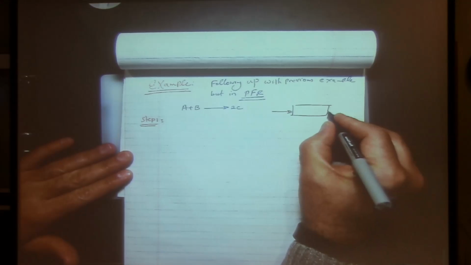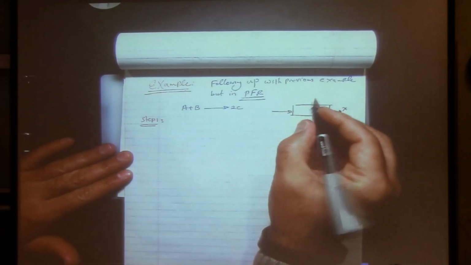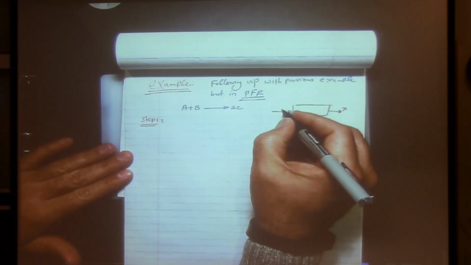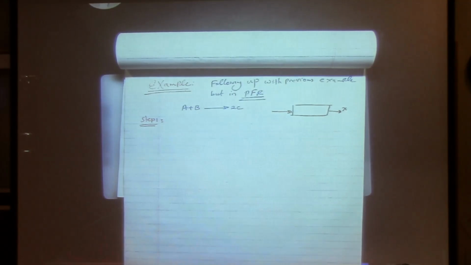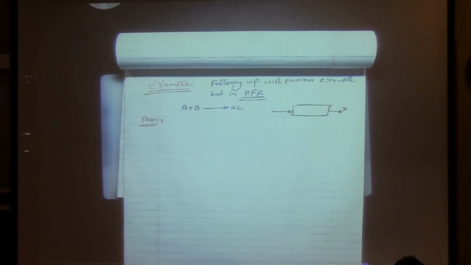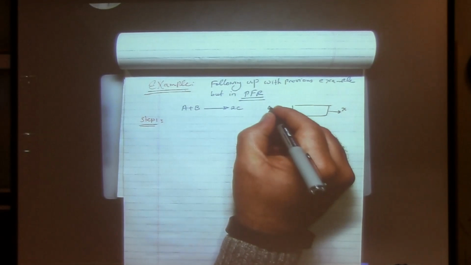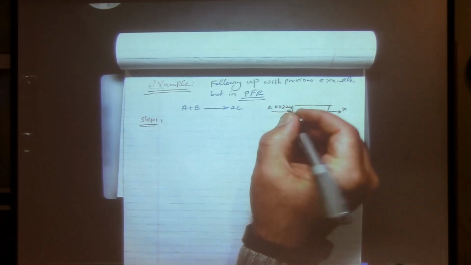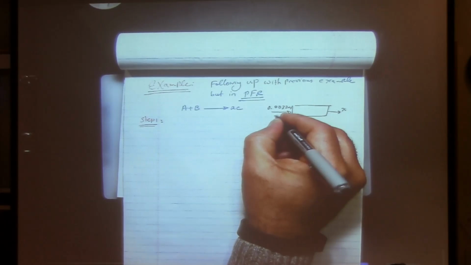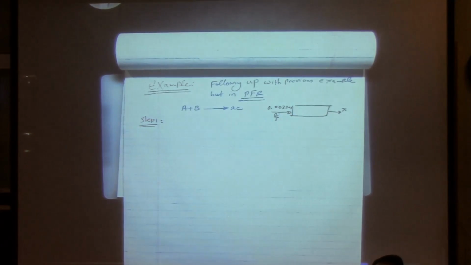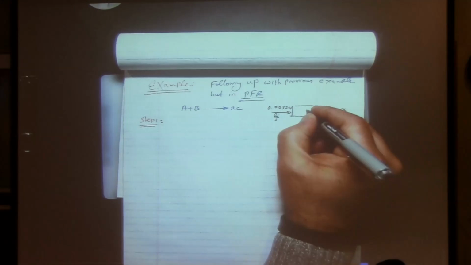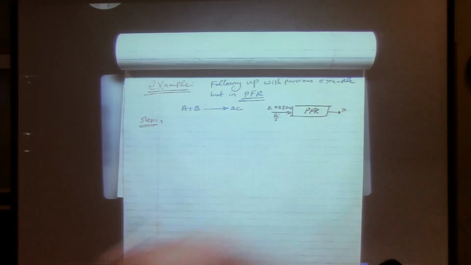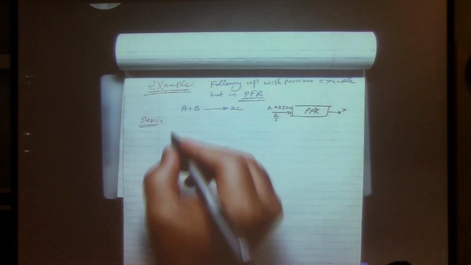It goes here, so we want to calculate X, and I guess 0.00324 liter per second was the input, if I'm not mistaken. Yes, 0.00324 liter per second. And this is a PFR. So step 1 is the mole balance, right?